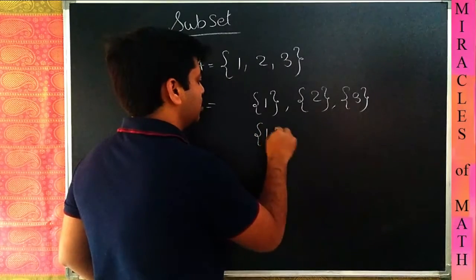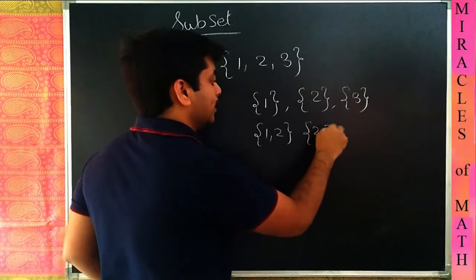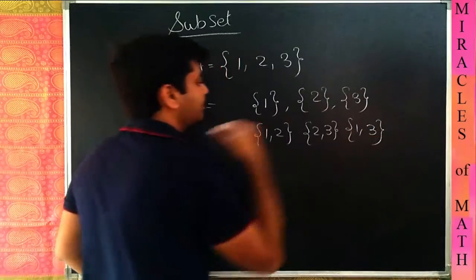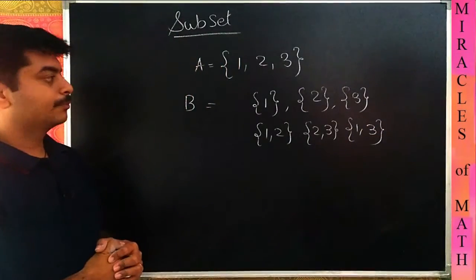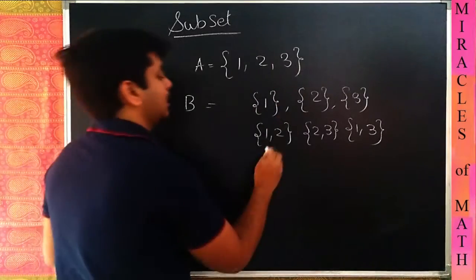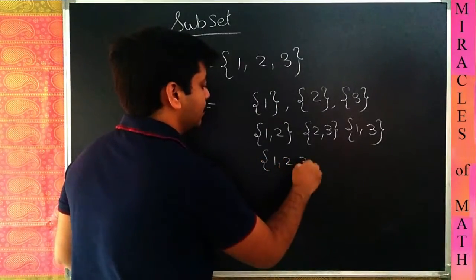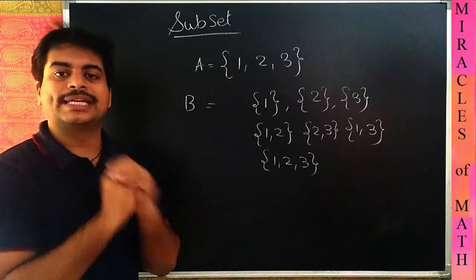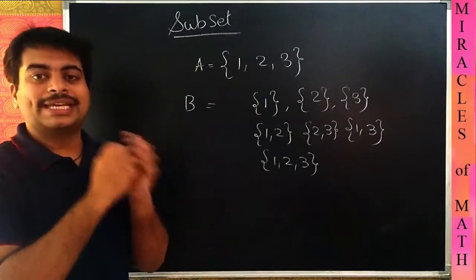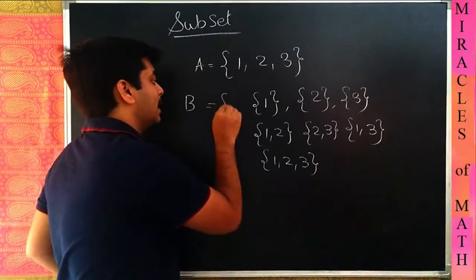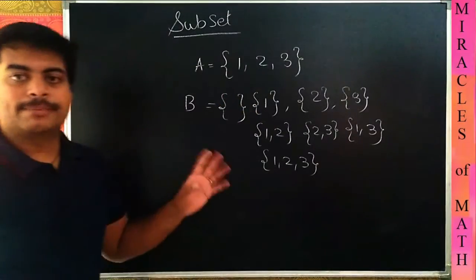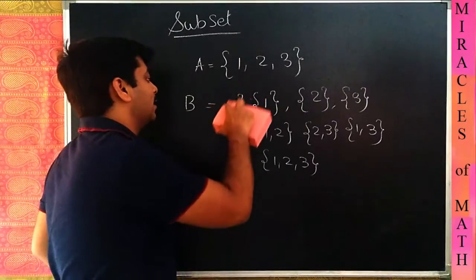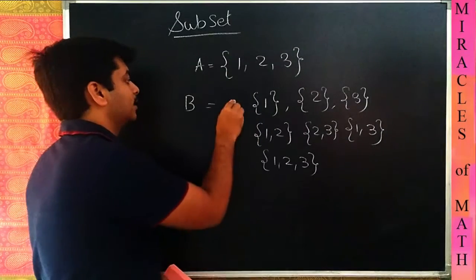And you can take {2, 3}, or you may also take {1, 3}. You may take all the 3 if you want, {1, 2, 3}. And one more case is left where you're not choosing anything, not taking any chocolate. That means simply empty brackets. What is this? That is called the empty set, which we represent with phi.